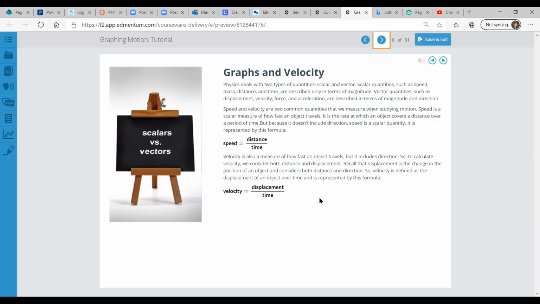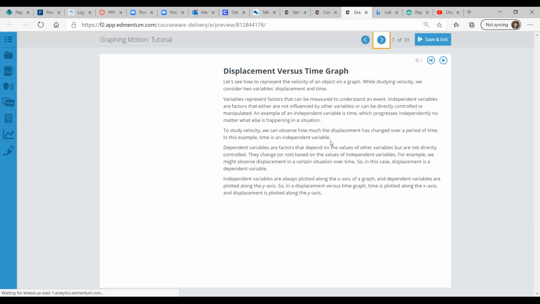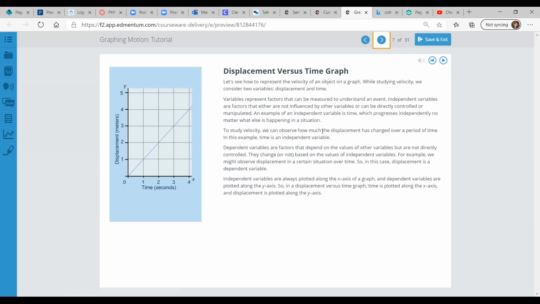So it's defined as the displacement divided by time. So distance for speed, displacement for velocity. And on a graph, if we're putting displacement on one axis versus time on the other, this is how it would look like.